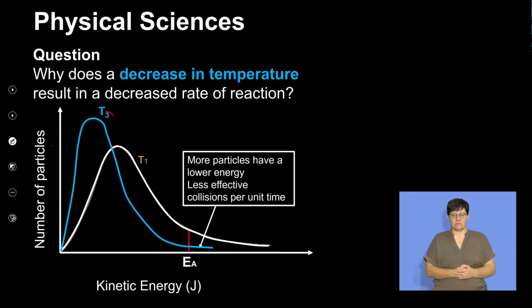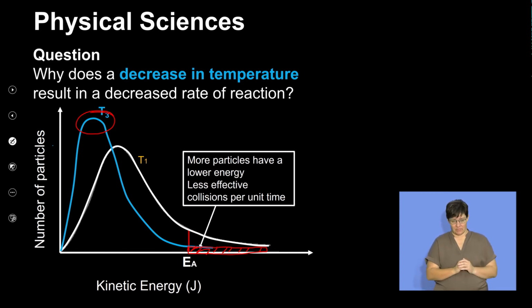When we have a decrease in our temperature, more particles on average have that lower kinetic energy. And if we look at our blue curve, only that part of the particles will result in product, because only that part of the particles will have effective collisions.